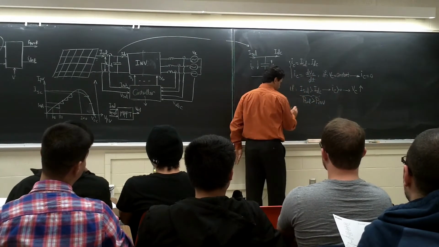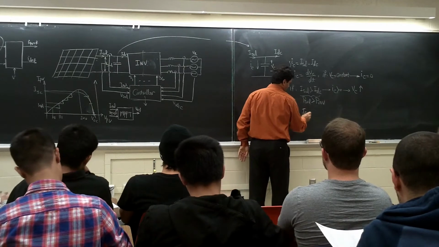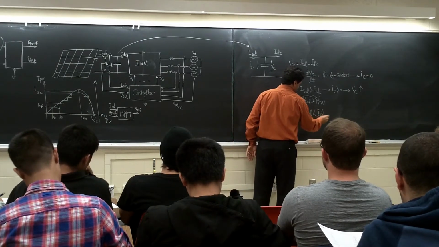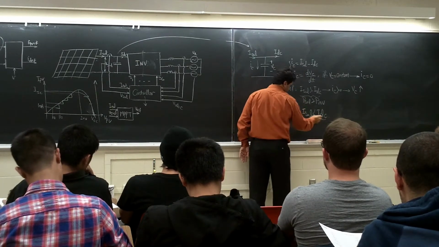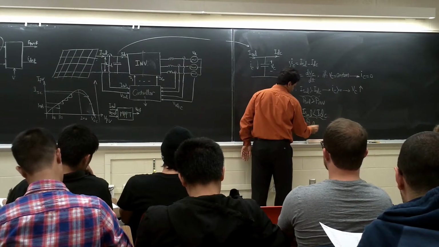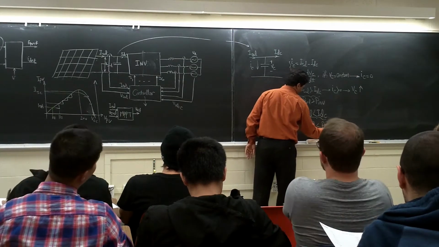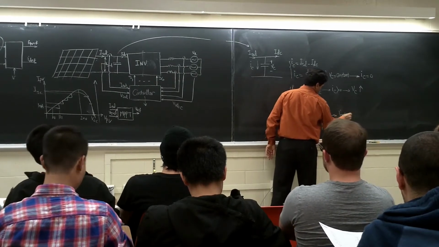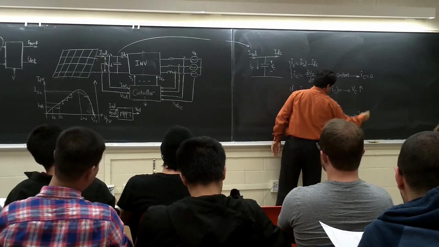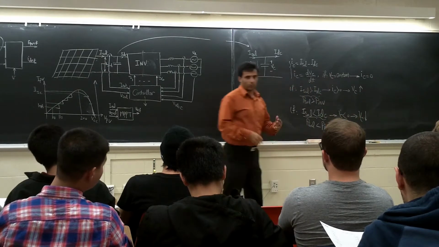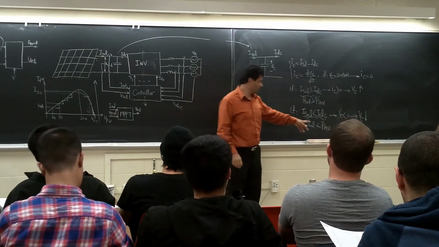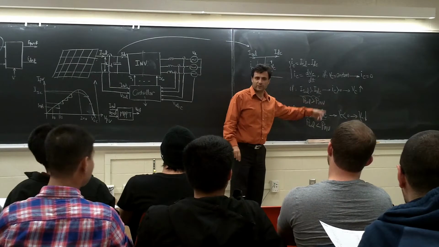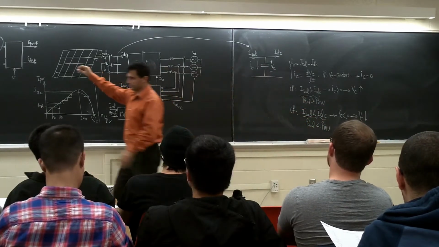If I sold is less than IDC, which means P sold is less than P inverter, so IC is going to be negative, so we are going to decrease it. So basically, what we can do here is, P inverter is this P ref.